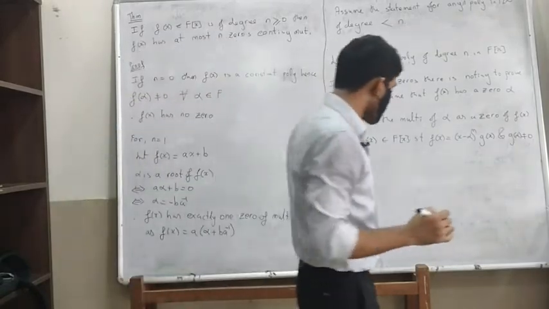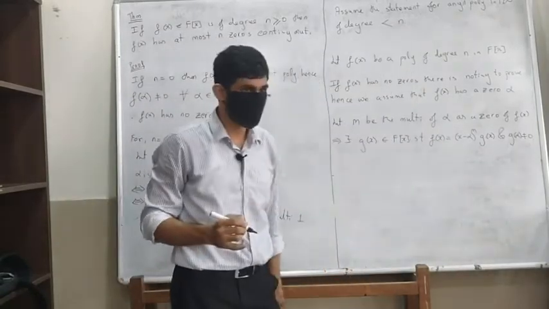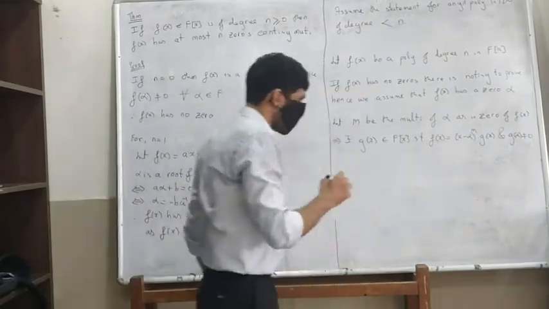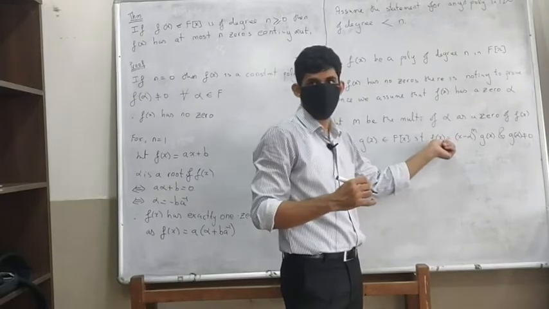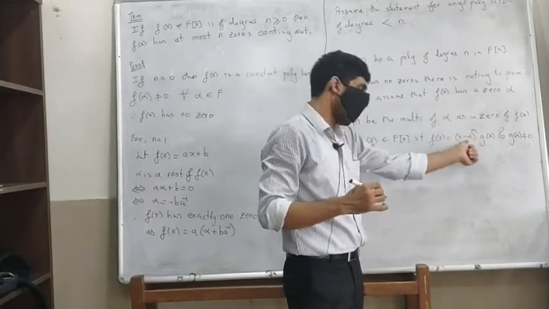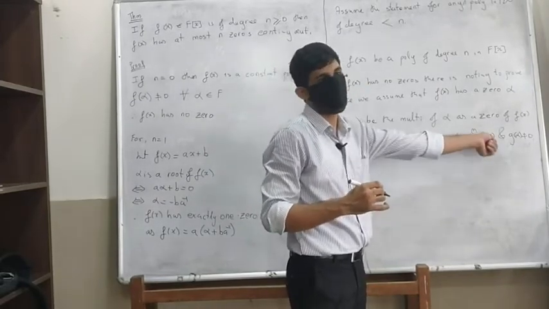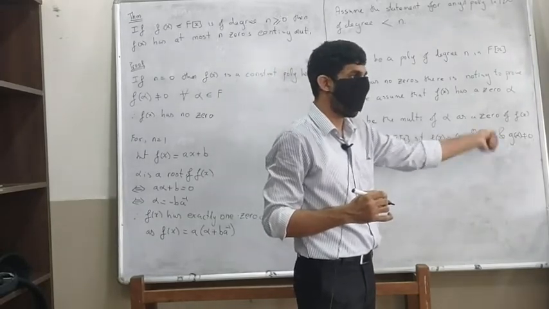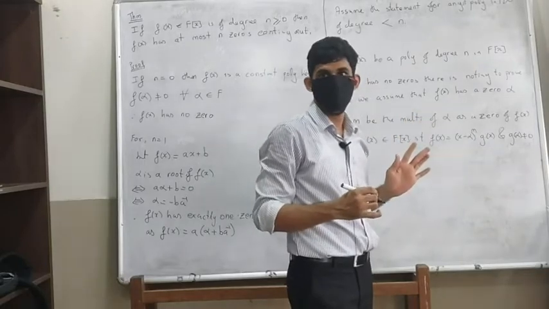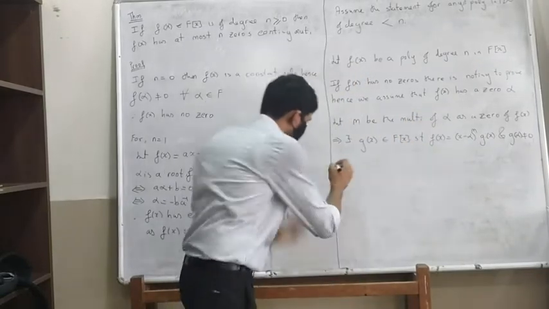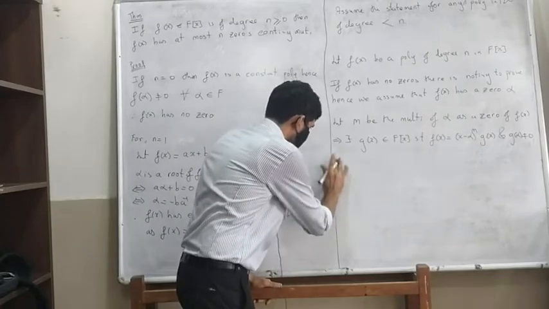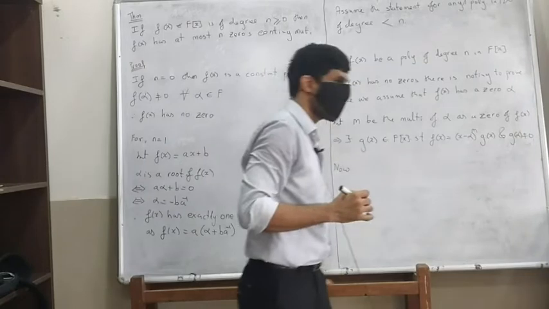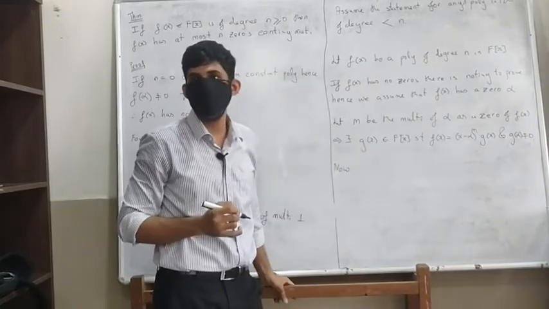Now, by the previous exercise, what do we know? We know that the zeros of f are essentially alpha of multiplicity m and the zeros of g of x with the corresponding multiplicities. What will the degree of g of x be?